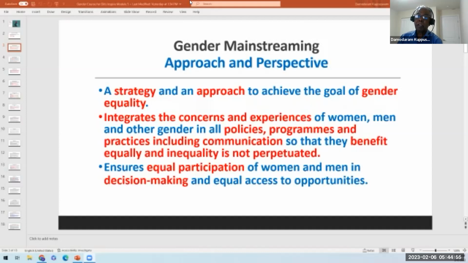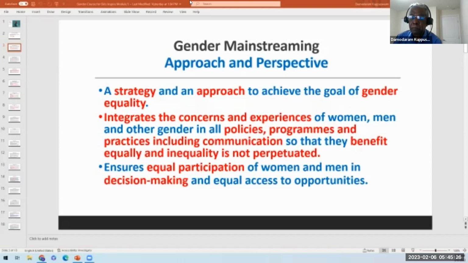In the case of gender, I think most of us are witness to this. We have seen gender as a separate entity, separate concept, separate work, distinct from our main work. So there are programs exclusively for women, and women's work is seen as related to gender, while all other development programs are considered different.